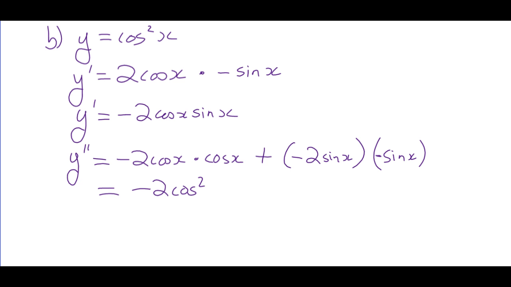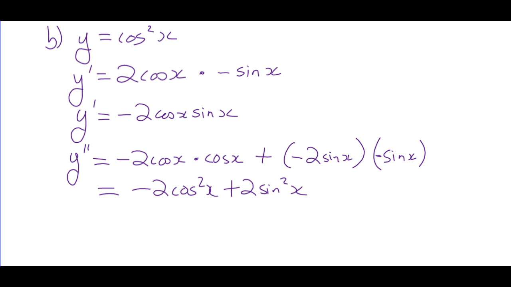So negative 2 cos squared x plus 2 sine squared x. Okay, good. Ready to move on?